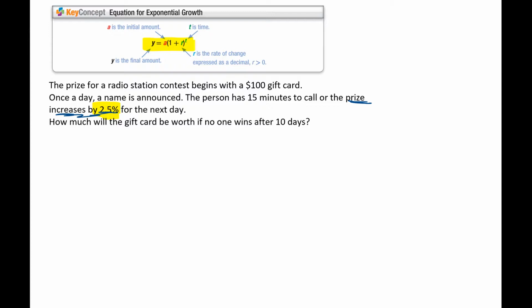Let's set up this problem. How much will the gift card be worth? Y equals A, our initial amount. Well, it's a $100 gift card. So 100 times 1 plus R, which is our rate of 2.5%. As a decimal, move the decimal point left 2 spots. So it's 0.025 to the T power. That's the base equation.